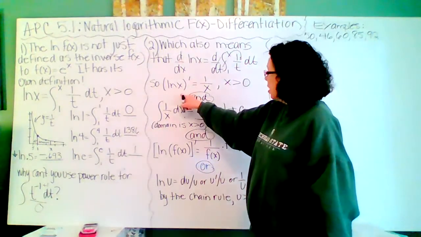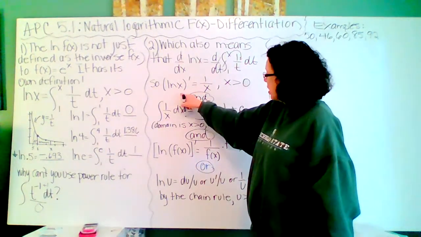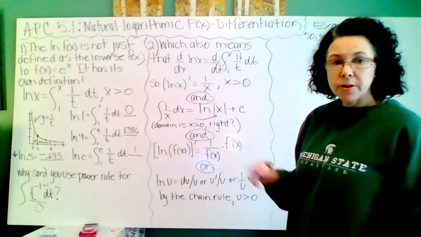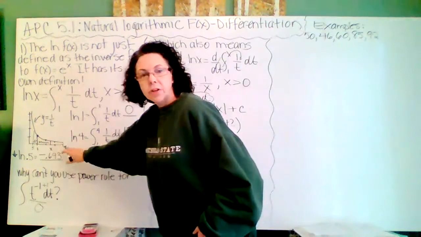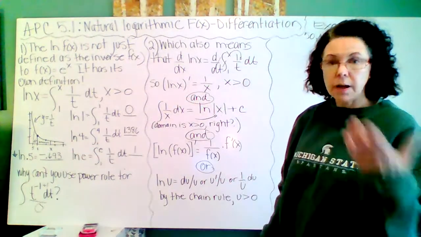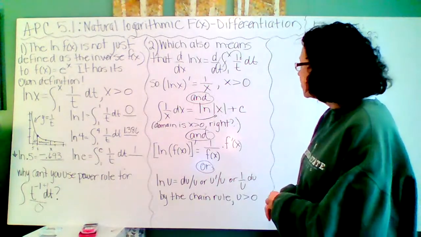So the derivative of the natural log of x is equal to 1 over x. Notice that x has to be greater than 0 because of the area picture we're looking at. And plus, you know that that is the domain of the natural log of x, right? It has to be greater than 0.